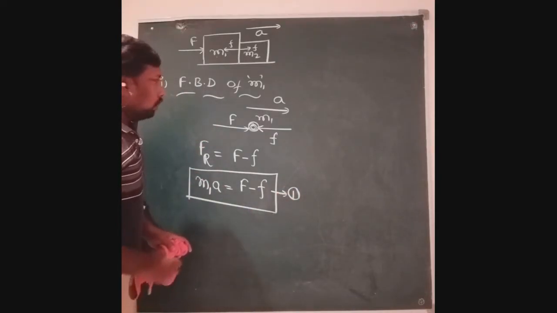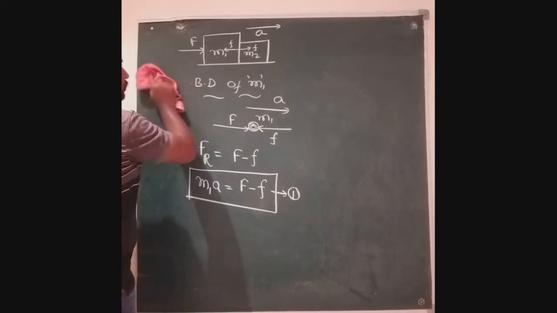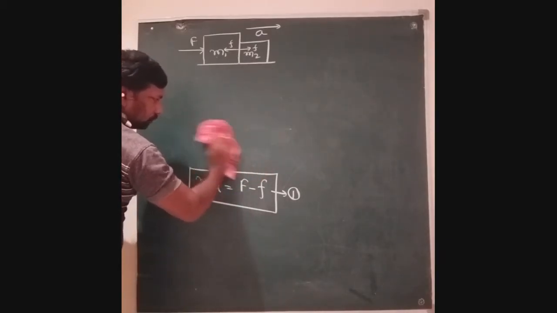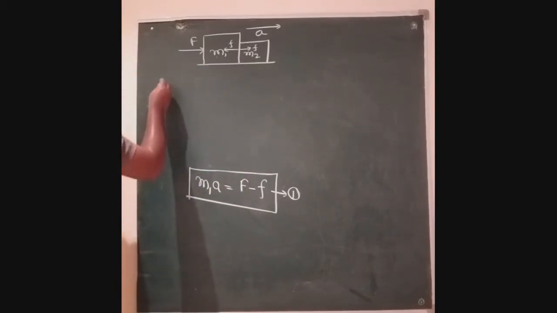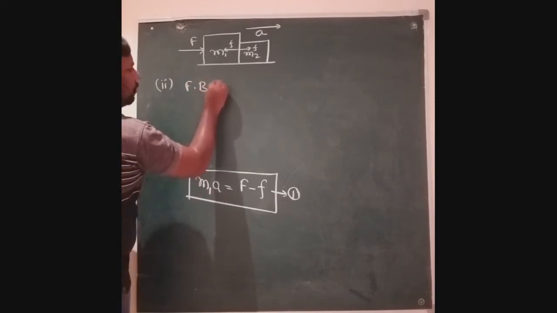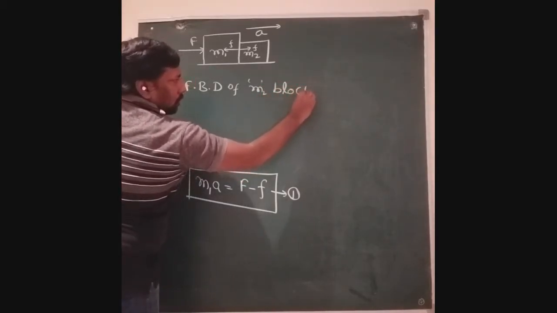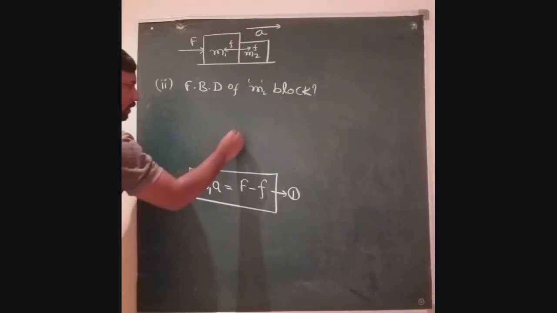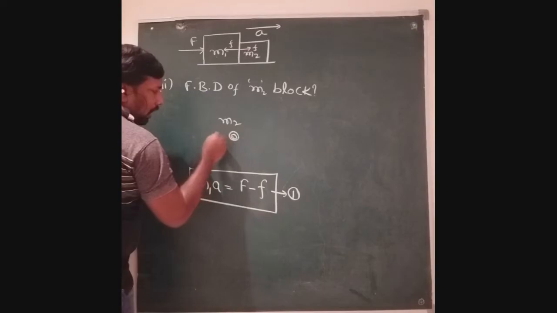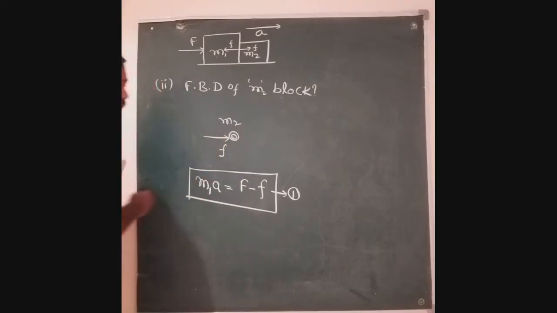Now free body diagram of the m2 block. So here this is the m2 block. Here the contact force acts on the m2 block in this direction.